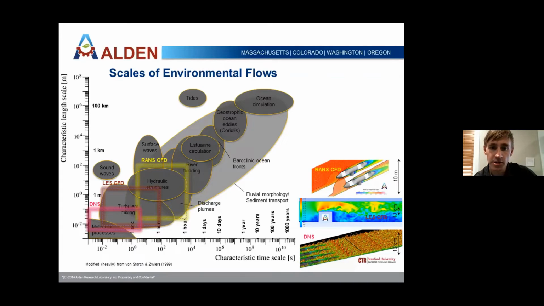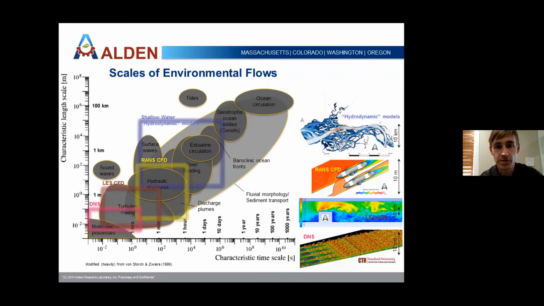Moving up to larger scales, RANS, Reynolds Averaged Navier-Stokes CFD. This is really the workhorse for the hydraulic engineer at this point. We're talking scales of applicability from seconds to hours and from centimeters up to tens of meters.